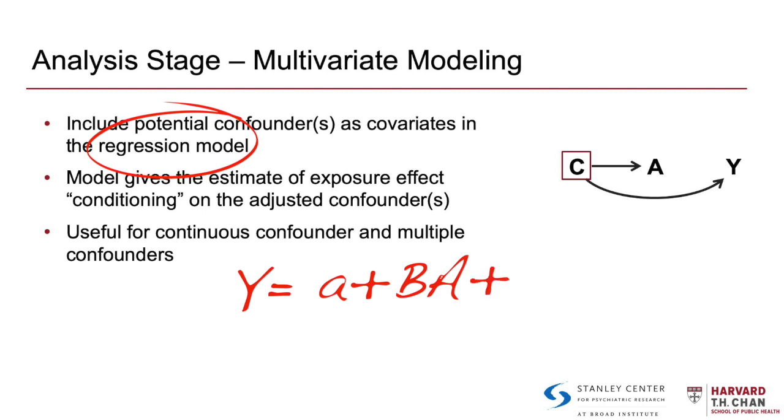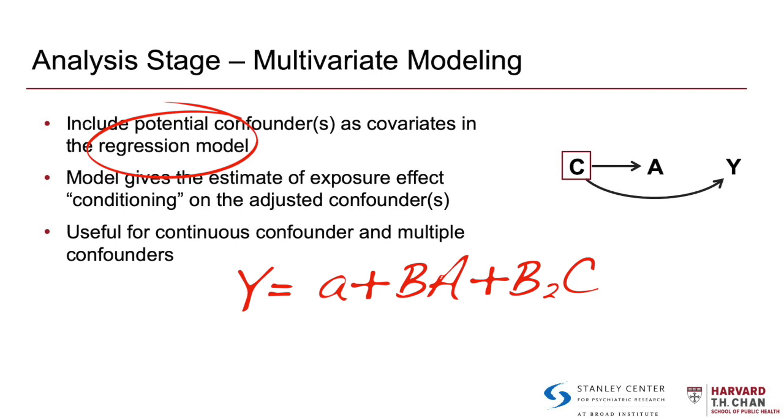And then you could have the confounder, which would have, let's say, beta 2. So we're doing nothing but taking the mathematical equation of a regression model and adding the confounder as a covariate in our regression model.